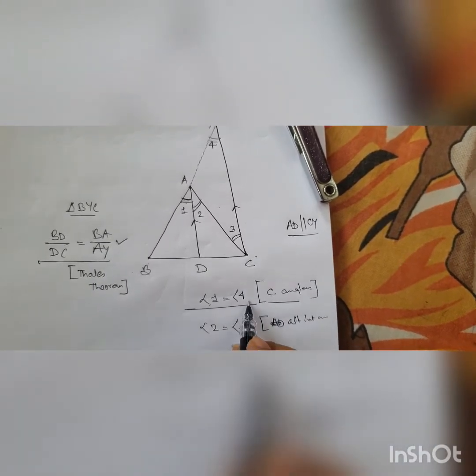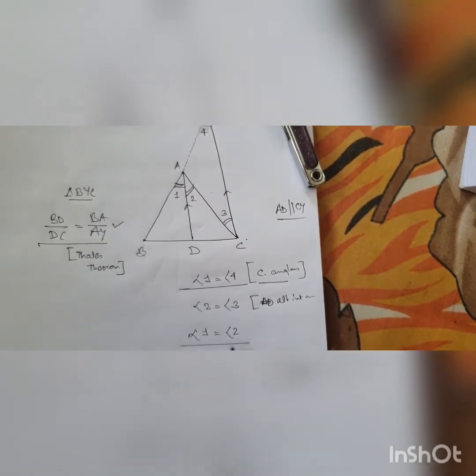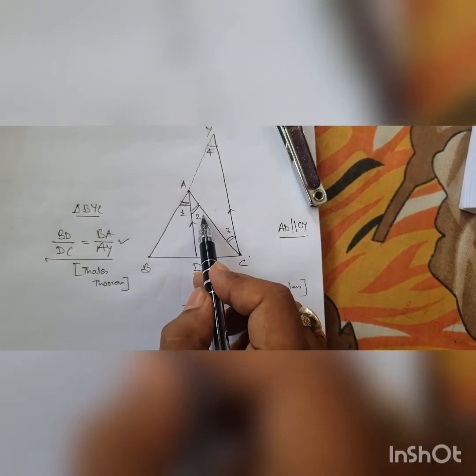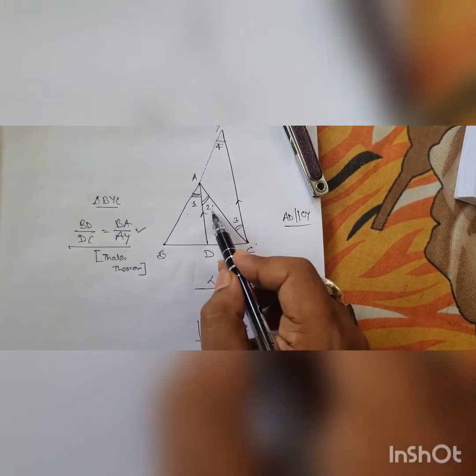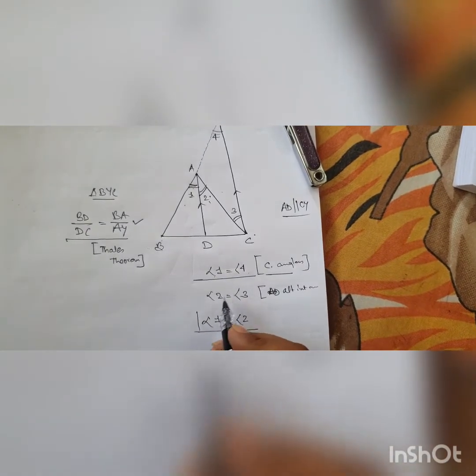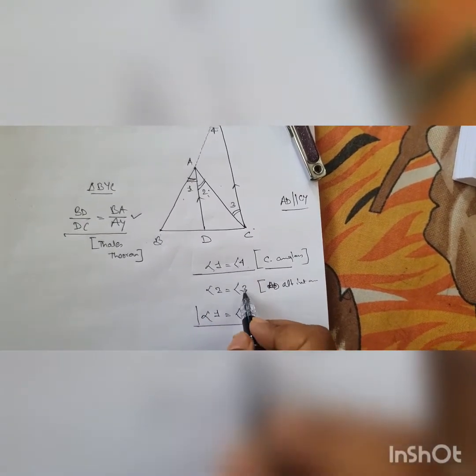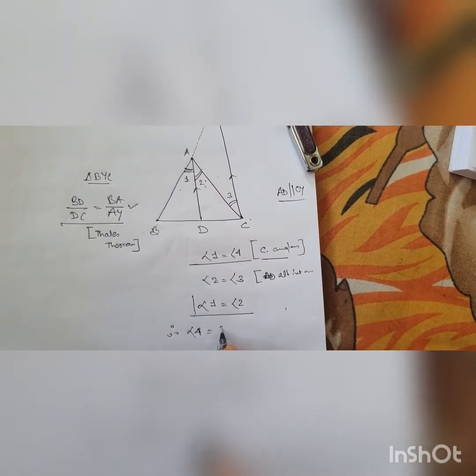So 1 is equal to 4, 2 is equal to 3, and you are given 1 is equal to 2. So from this, 1 is equal to 4, 2 is equal to 3, and 1 is equal to 2, so 4 should be equal to 3. Therefore angle 4 is equal to angle 3.